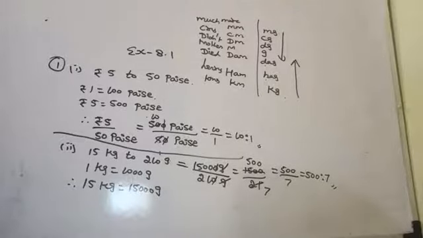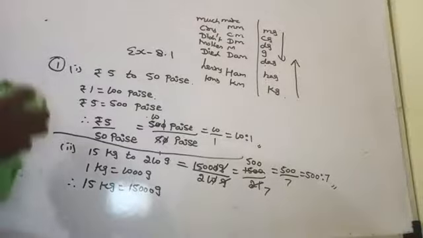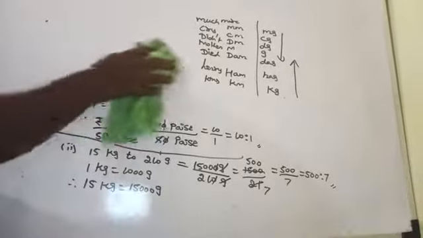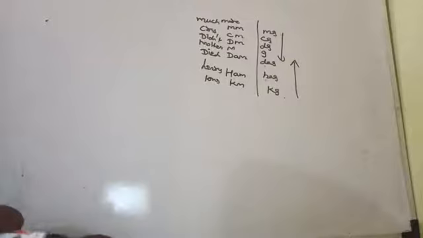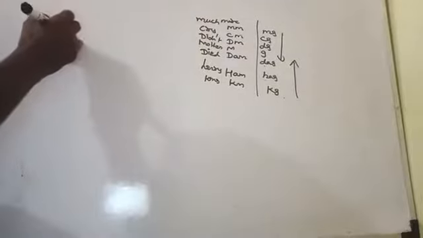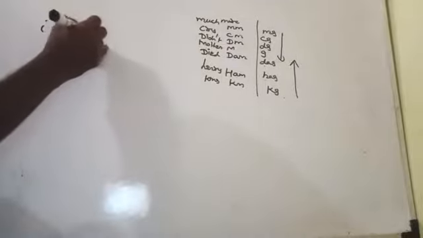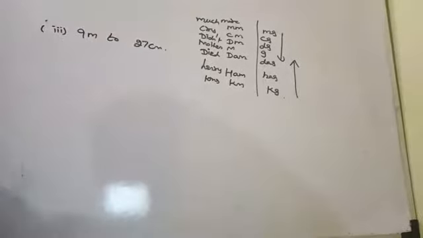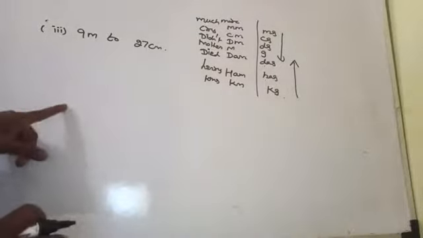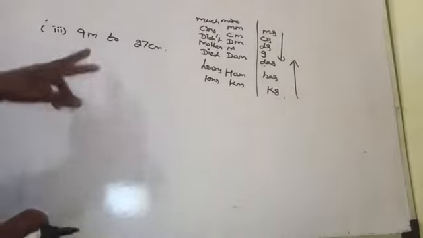That question is 9 meter to 27 centimeter. The first exercise is very easy. Here we don't have the same unit, so you have to convert either meter into centimeter or centimeter into meter. We will convert meter into centimeter.